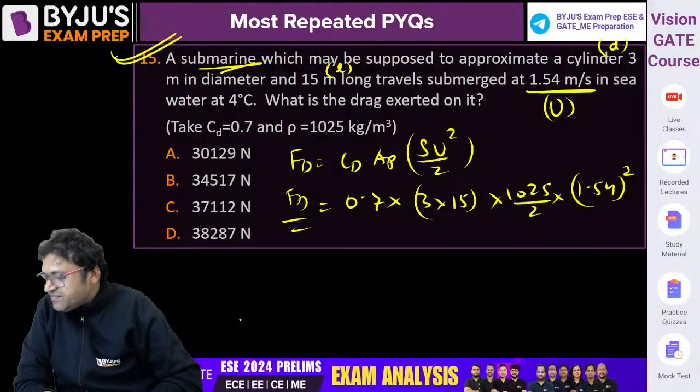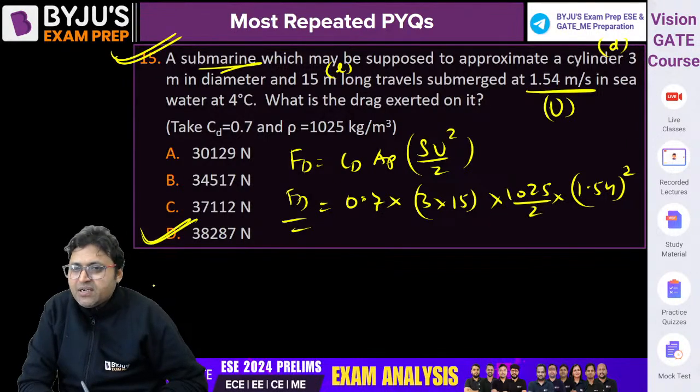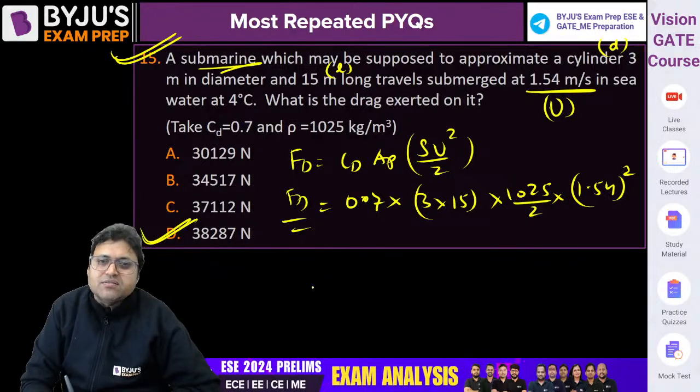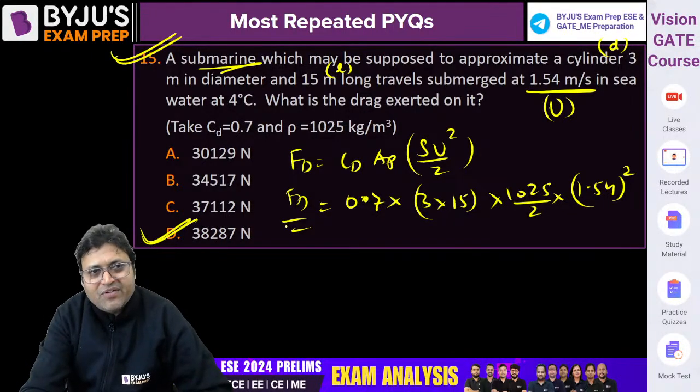Find out the answer. It will be option D. If you do the calculation, your answer will be close to option D. D will be the correct answer.